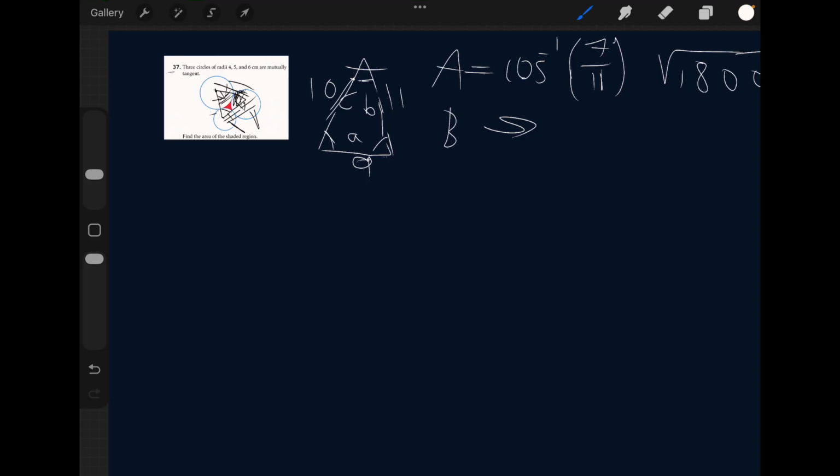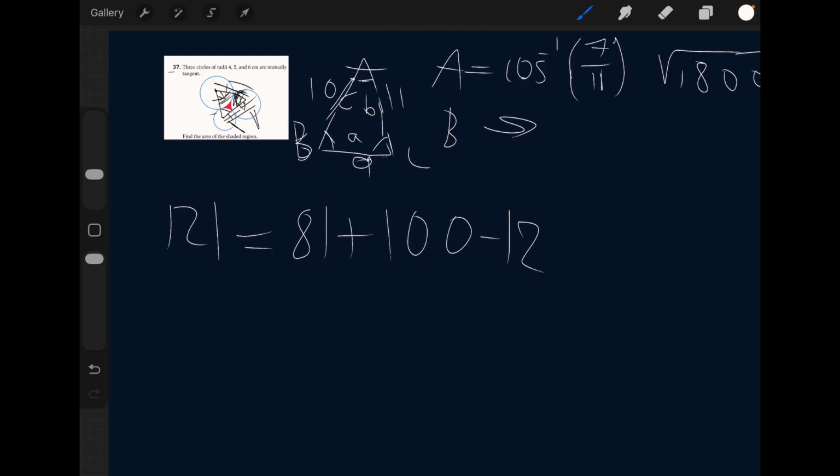We're gonna have, this is angle B, and this will be angle C. So the side B squared is 11 squared is 121, will equal 81 plus 100 minus 2 times 9 times 10, and that'll just equal 2 times 90, and that'll be minus 180. So, and that'll give us cosine of the angle B.